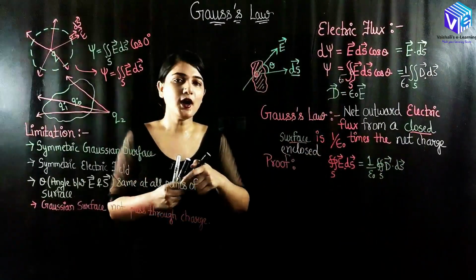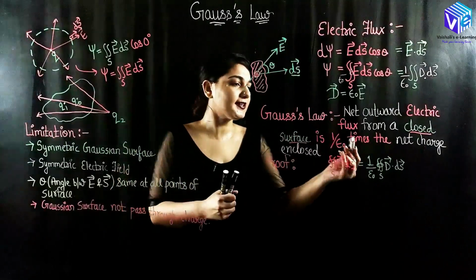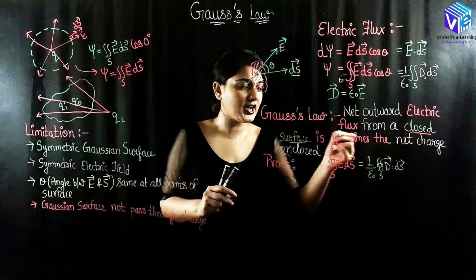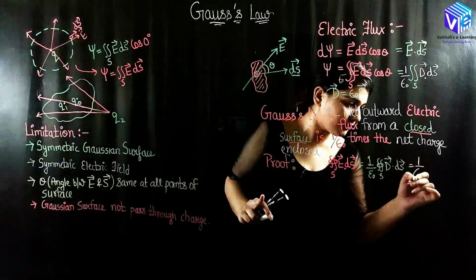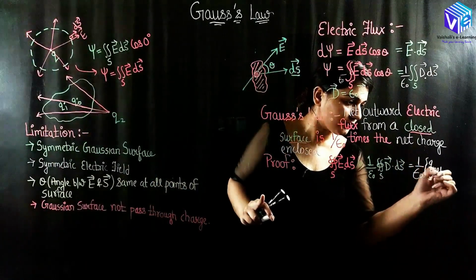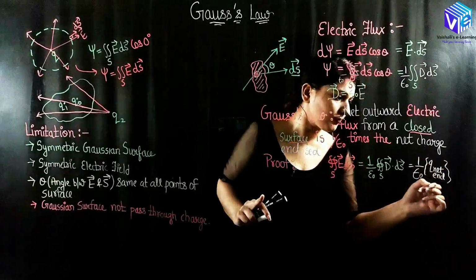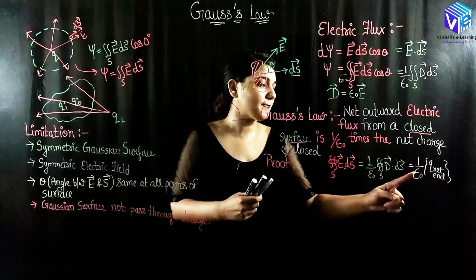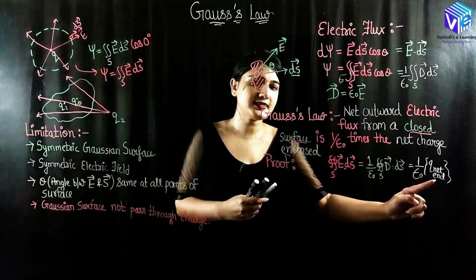This is how I can represent my flux. It is equal to 1 upon epsilon naught times the net charge enclosed, Q net.